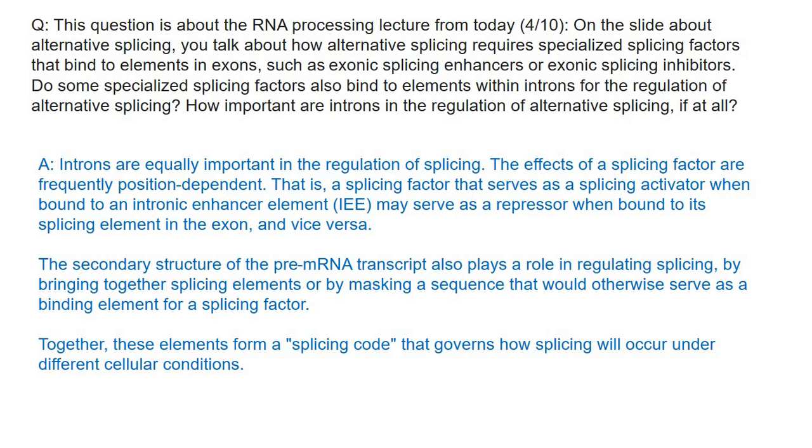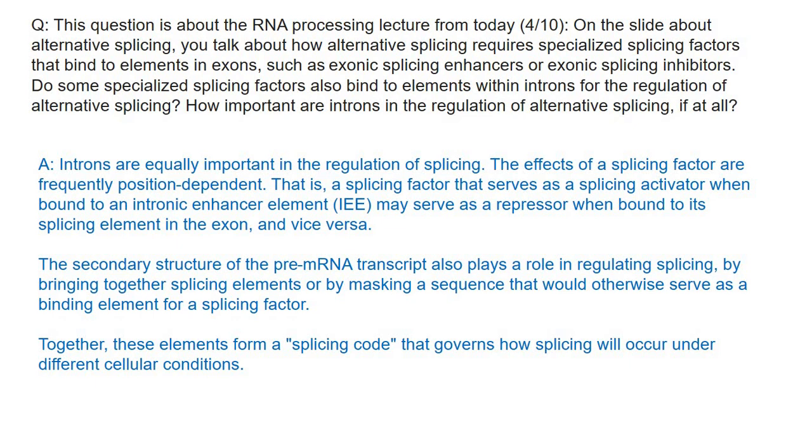You might remember one of the examples we talked about, where the splice site, the branch site, migrates in the intron, making the splice site move, and that movement will change the resulting protein. So let's talk about this mechanism in a little more detail since you asked. Thank you very much. Introns are equally important in the regulation of splicing.